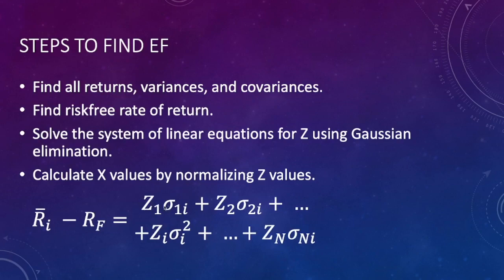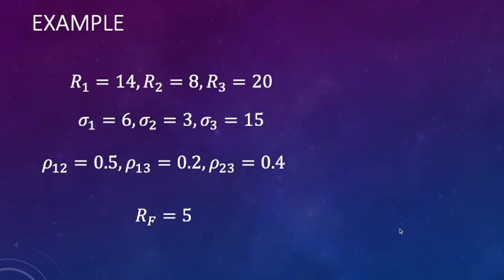So z's are our unknowns that we are trying to find the values for, and once we have these n equations, solve for z. Once we have those z values, then we calculate the x values by normalizing the z values like this, right? And so that's how we calculate our efficient frontier. Okay, so just to make sure that you understand the procedure, let's actually go through this example.